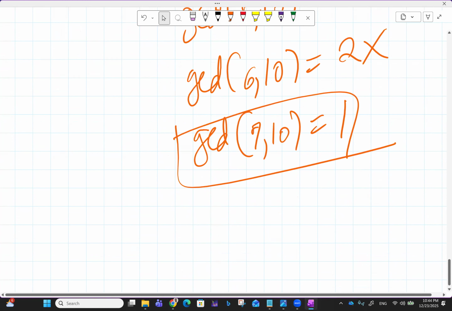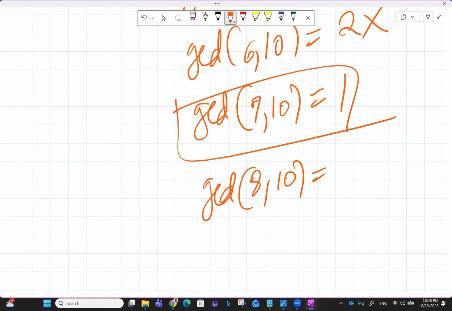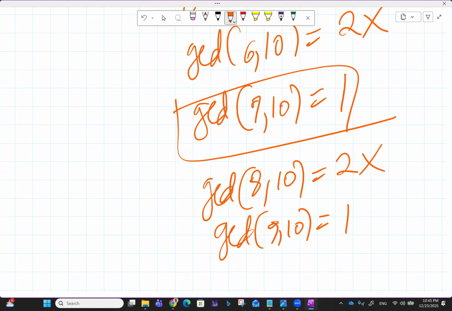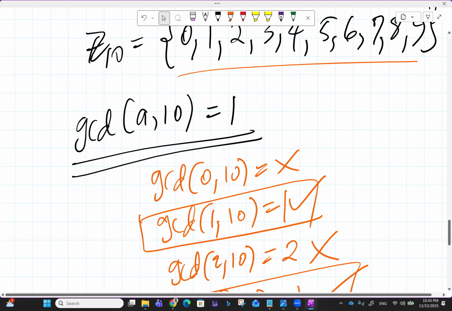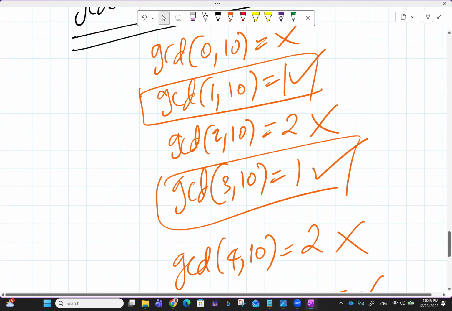Take note, we had 1, we had 3, now we have 7. But we keep going. gcd of 8 and 10 is simply 2, we don't want that. Then gcd of 9 and 10 is equal to 1, so that is needed. At the end of the day, those are what we can call the units. We don't go to 10 because 10 is not part of Z10.